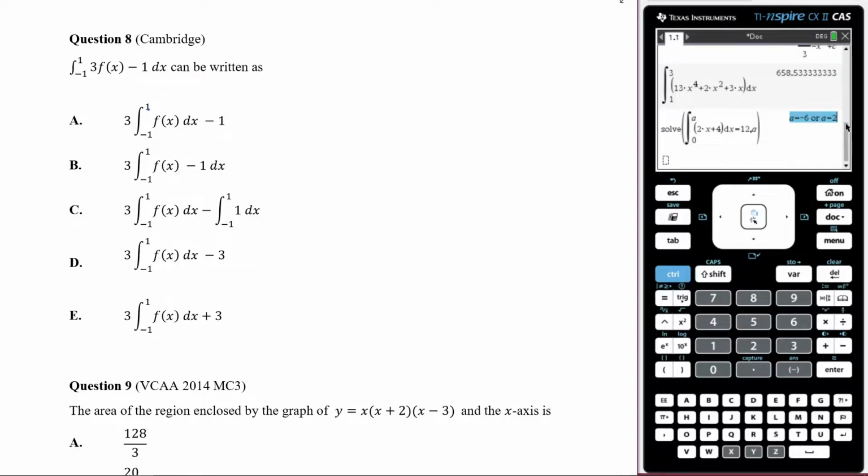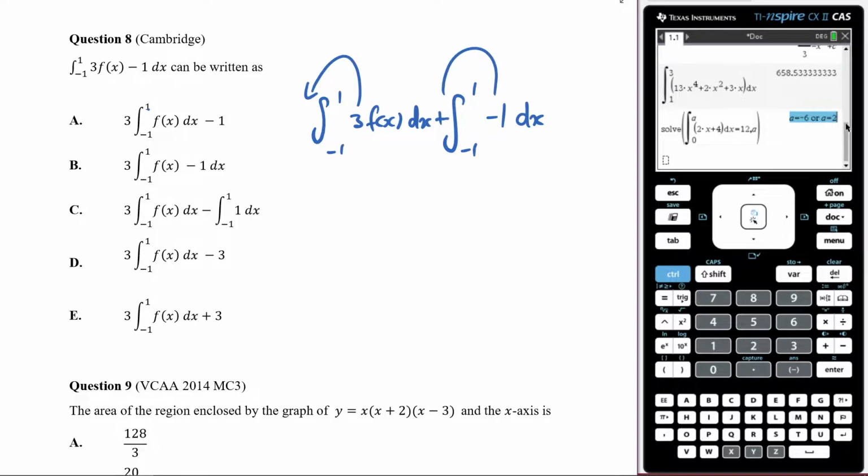All right, well, I know that when I have something like this, I can break up the integral, meaning I can write this as 1, -1, 3 f of x dx, and then I can rewrite it as this 1, -1, -1 dx. So do you see how I've just written that as an integral and that as an integral? Then it looks like, looking at my options here, they've just taken out 3 here, and here it looks like, sorry, this should be plus.